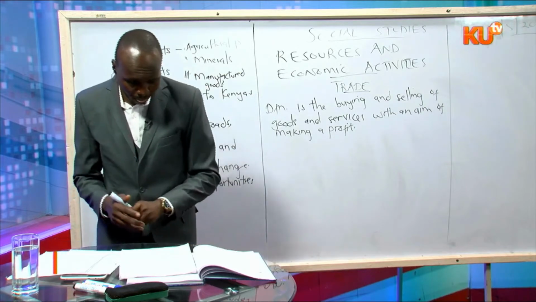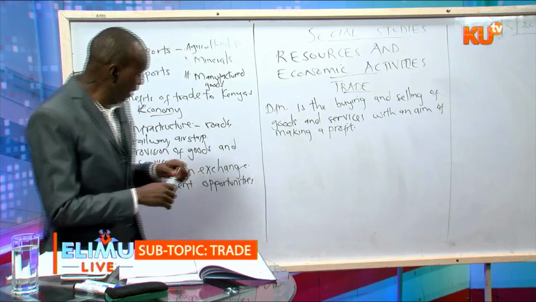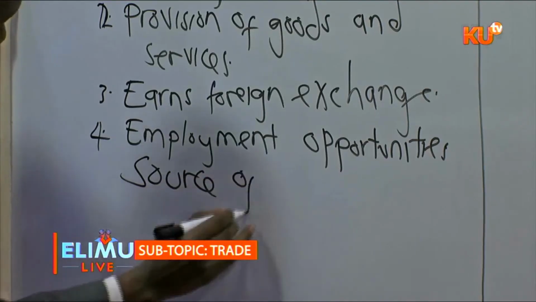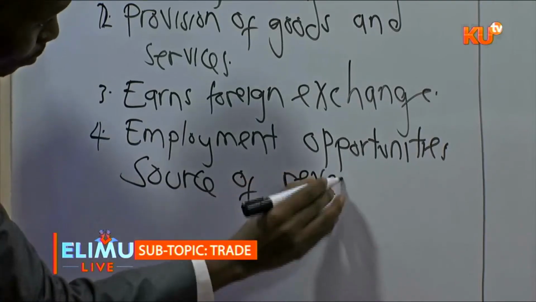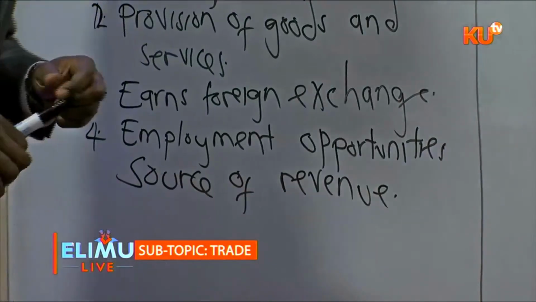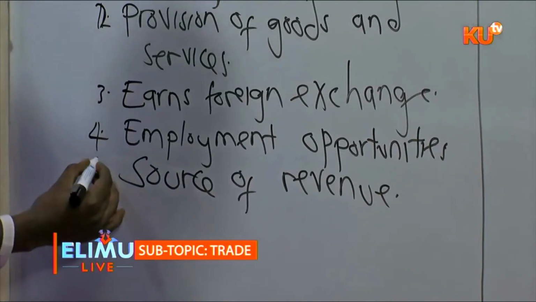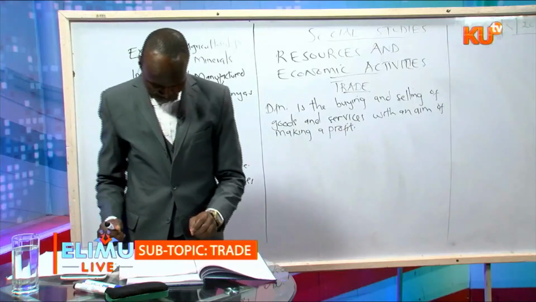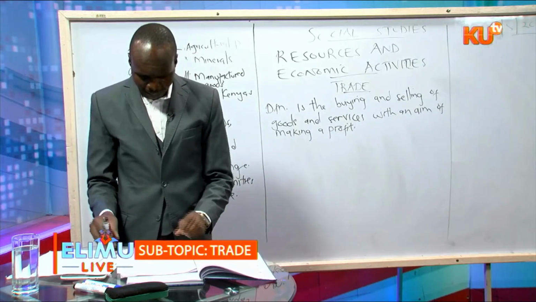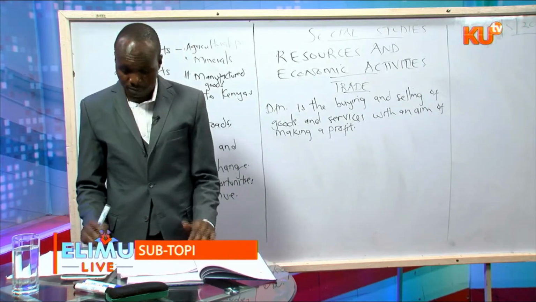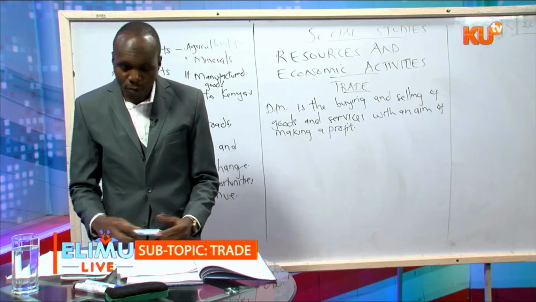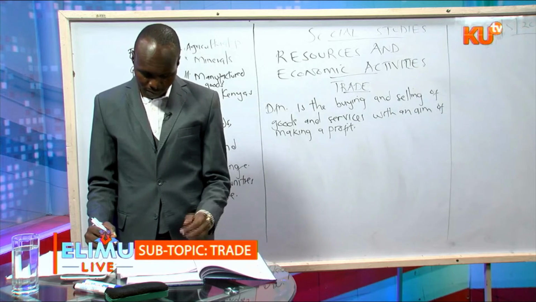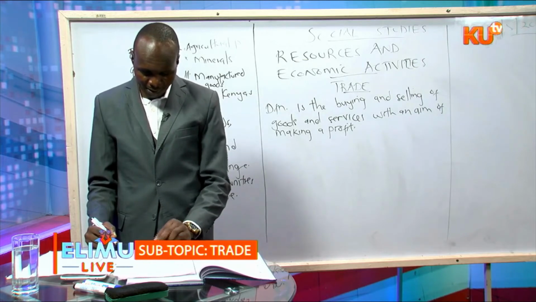Also, trade earns revenue to the government, source of revenue. The revenue is earned through the licenses, which you must access from the government.